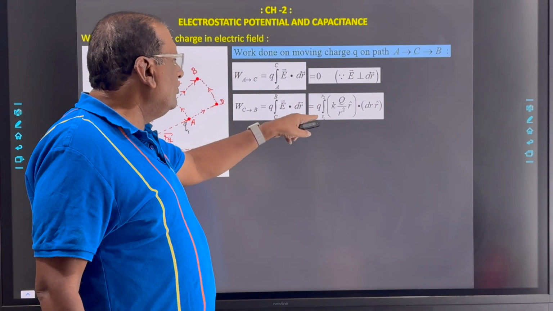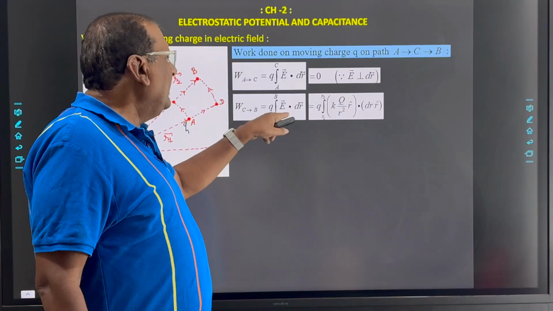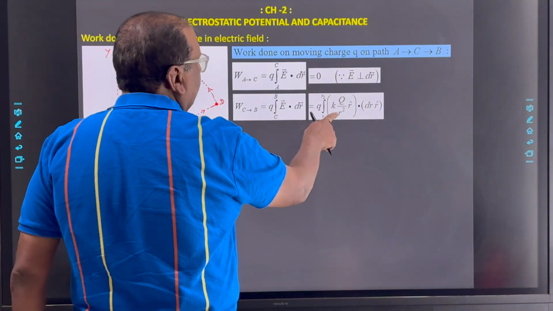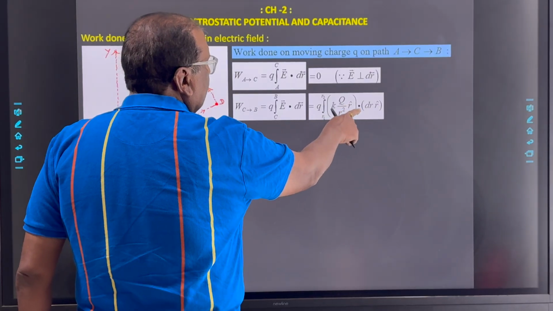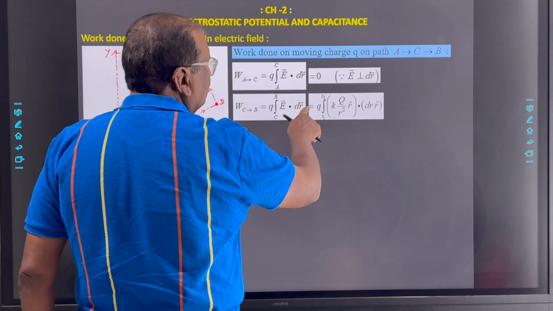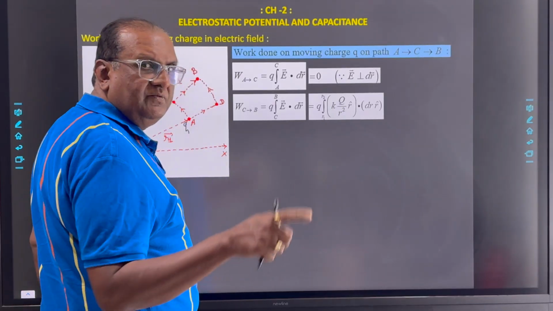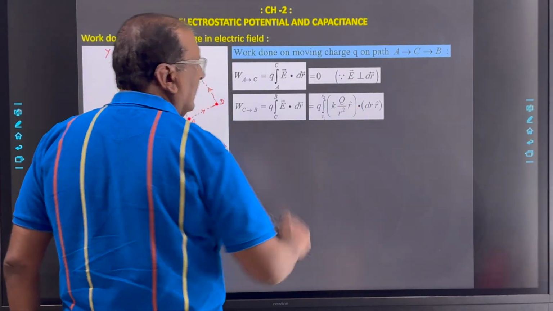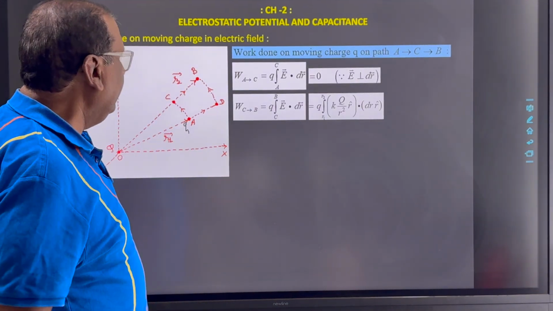So this is equal to q integration R1 to R2, and at distance R the electric field is kq upon R square into R caret dot dr, the displacement, that is in the direction of the field. So we can write dr R caret dot R caret, that is 1.